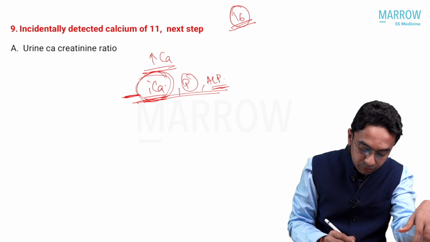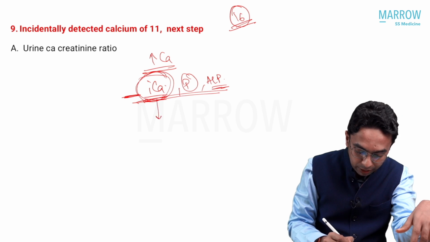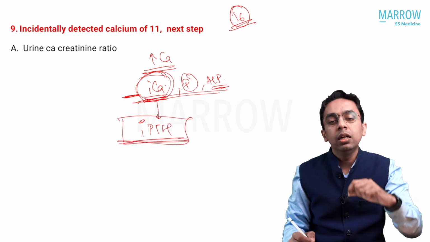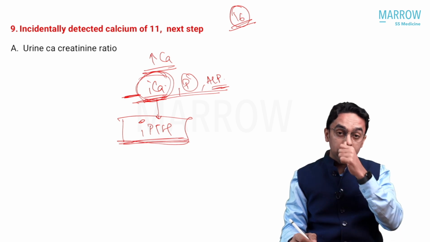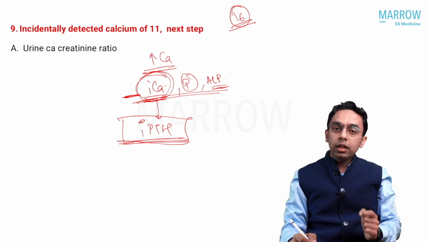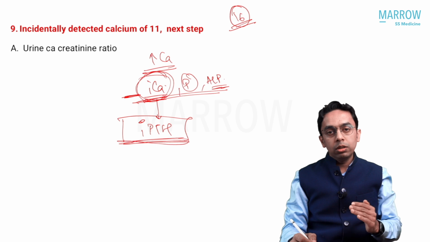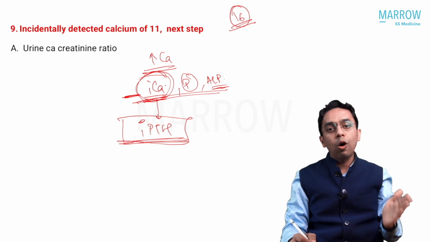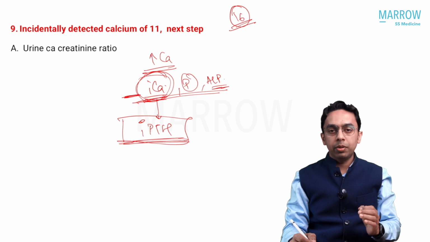Then what to do next is to get the PTH level. In fact, intact PTH is what is recommended. At least a second generation assay should be used. After you get a PTH, only then should the algorithm be followed, whether it is PTH dependent or PTH independent hypercalcemia.